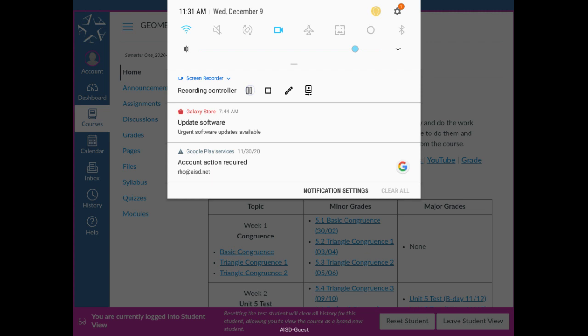So for geometric mean, it equals the square root of a times b. So it's the square root of 15 times 10. So the square root of 150. Square root of 150 is 12.2.